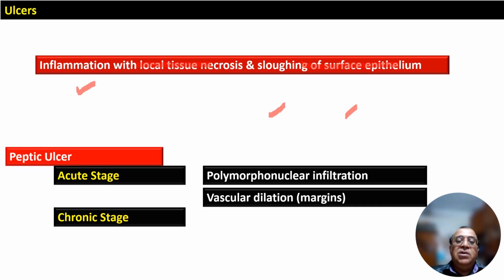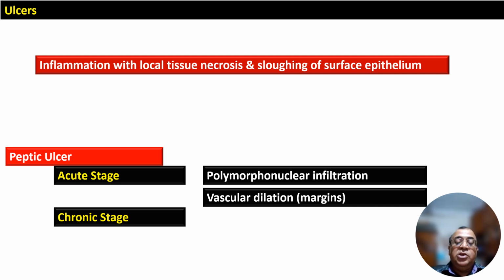An example of the acute stage is presence of polymorphonuclear neutrophils within the ulcer and dilatation of the vessels, especially at the margins.